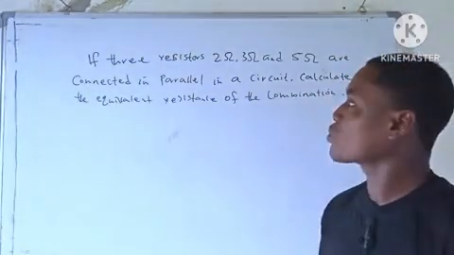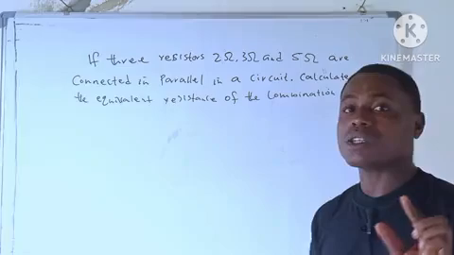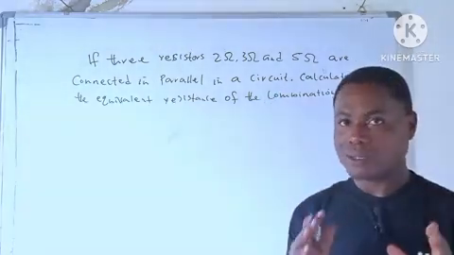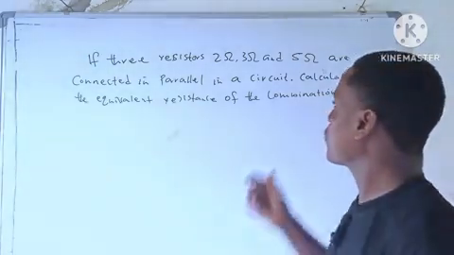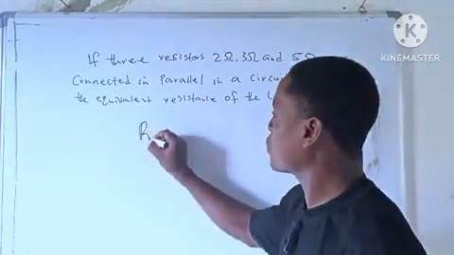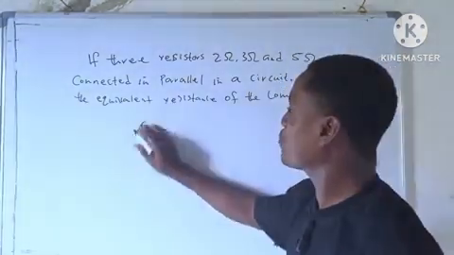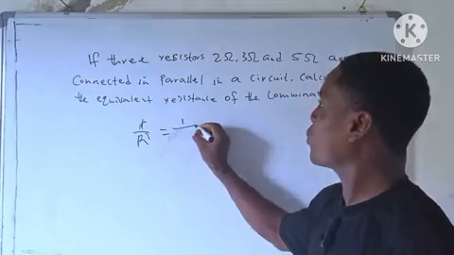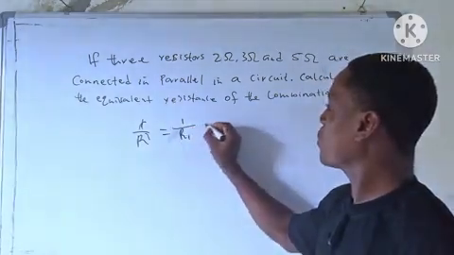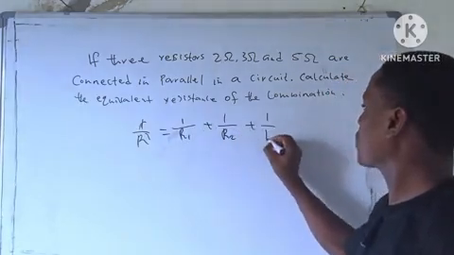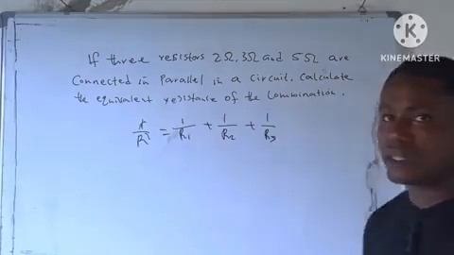Now, the first one we calculated was under series, right? This one is under parallel. Are you getting it? Now they said we should calculate the equivalent resistance. So this is what we do, right? 1 all over R equals 1 all over the first resistor plus 1 all over the second, then the third one.